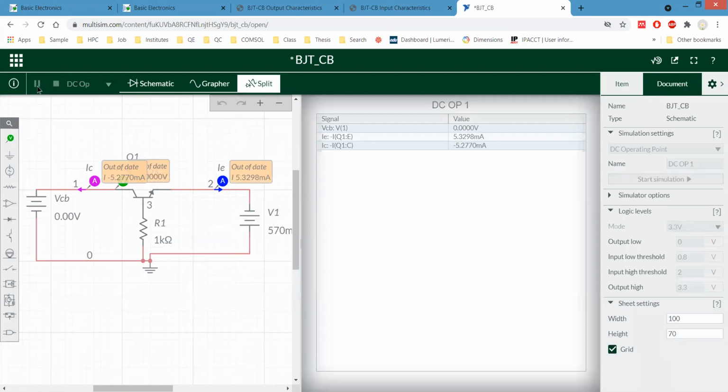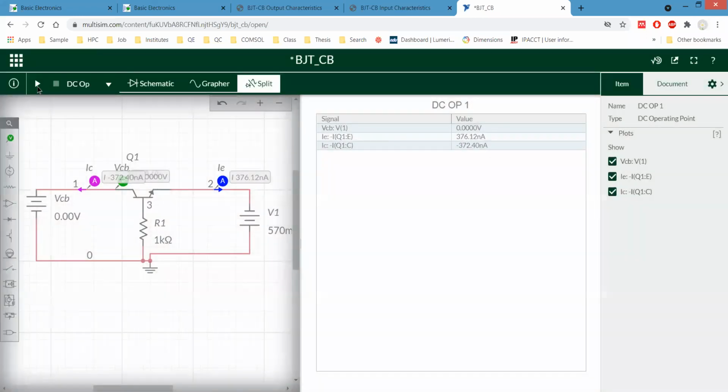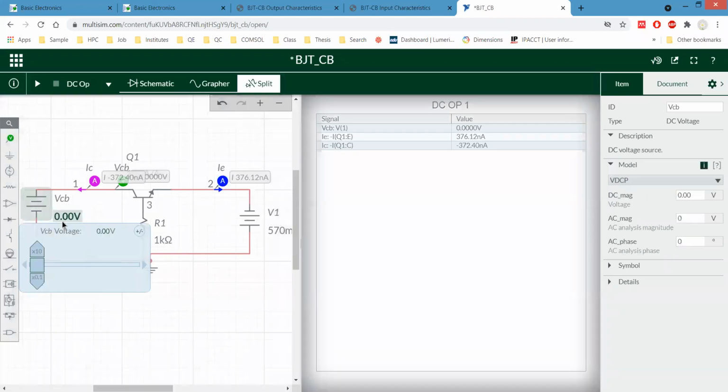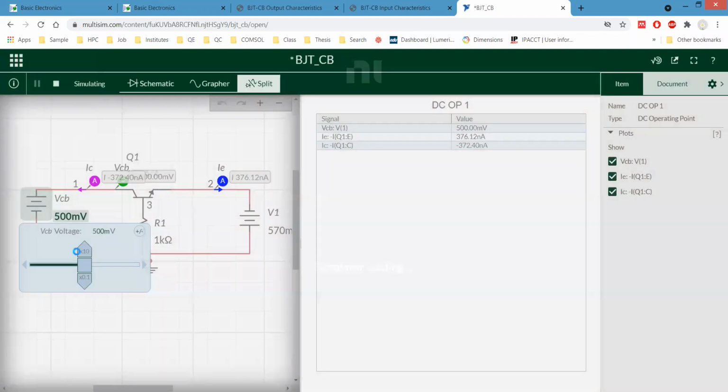Let's say for this one our IE is in nanoamps. Then only we will have it. Now let me change it. Let's say 500 millivolt. For 500 millivolt, I think there will be current. Still in nanoamps.